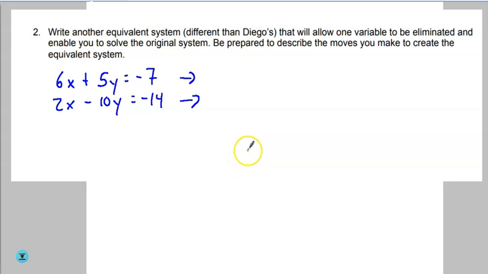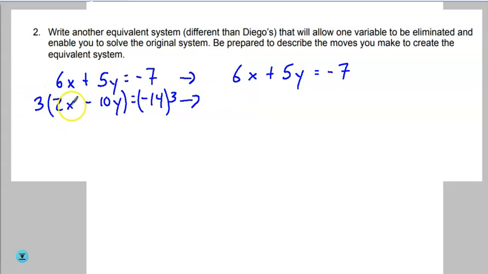Now what I choose might be different than you, as long as you did it mathematically correct. So since the first time Diego made these both 10, I'm going to look at the x's, and I'm going to make the x's, looks like I could make the bottom equation easily match the top one. I can make that 2 into 6 by multiplying by 3 on both sides. So I'm not going to change the first equation. The bottom equation would become 6x minus 30y equals -42.